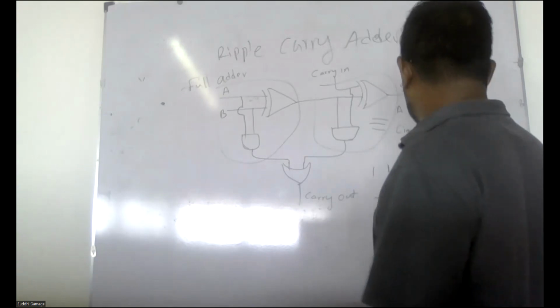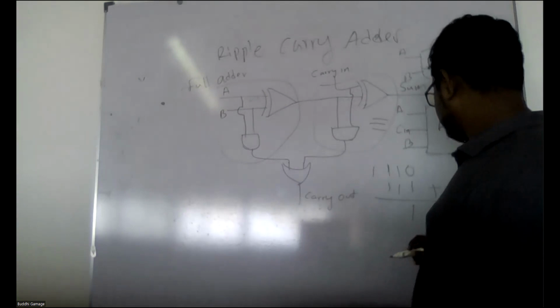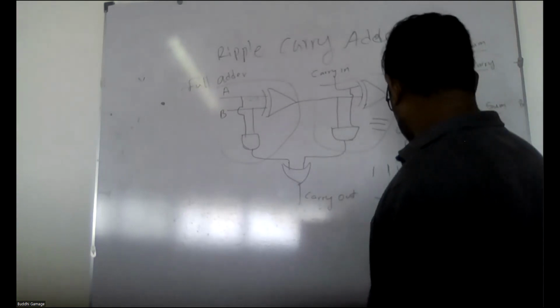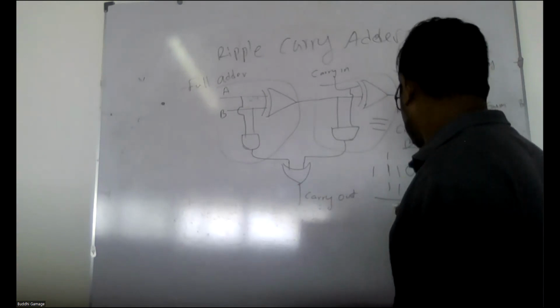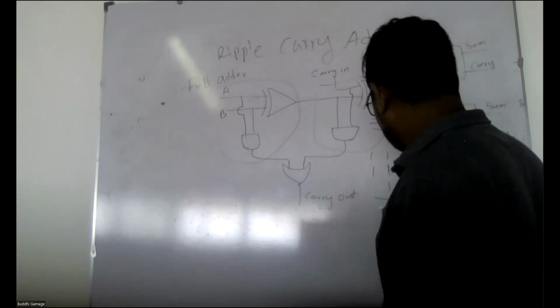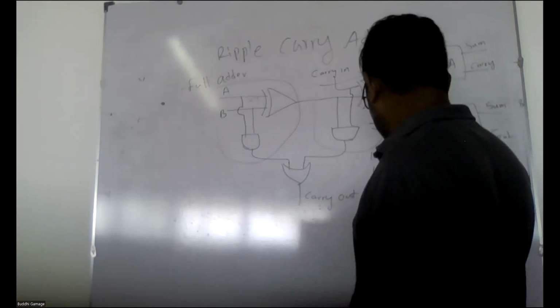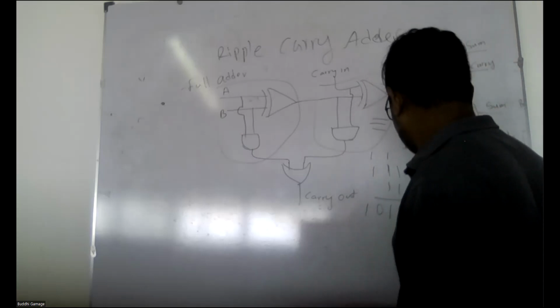So we need to add this one, right? 0, 1 plus 1 is 1. 0 and 1 1 is 0, and we need to add 1. 1 1 1 will be 1 and 1. 1 1 is 0 and 1. So this is the final output, right?